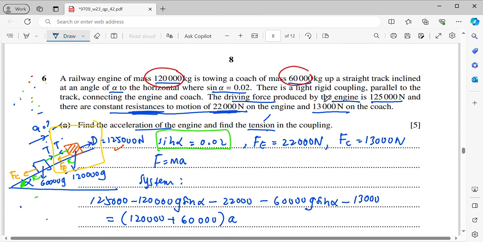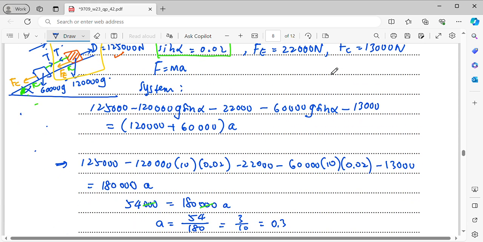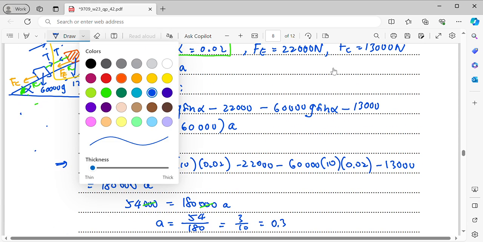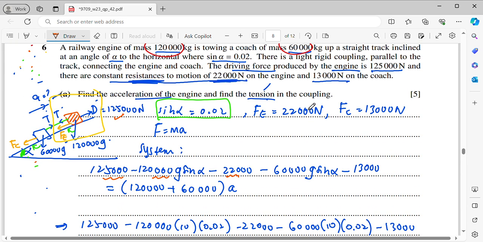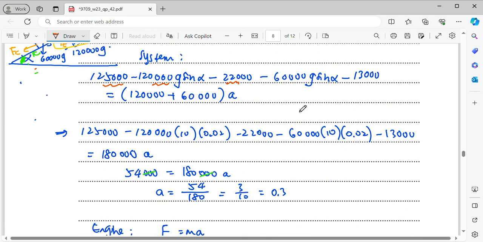So for engine, I will refer to D, the 120,000, and also the FE. So which means I will just copy the working from the previous part up to here. Okay, and don't forget, I still have one more, which is the T. Right, the T is also in the opposite direction of the D, so I just add on the D there and I copy the rest.